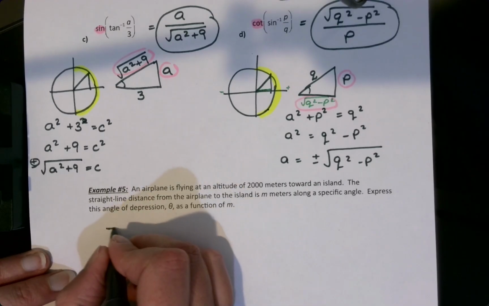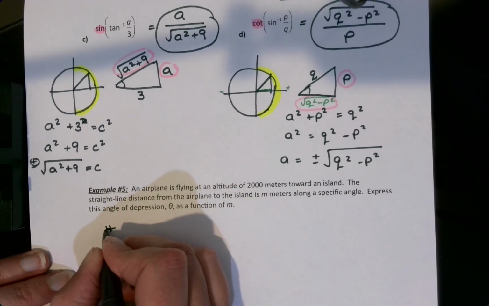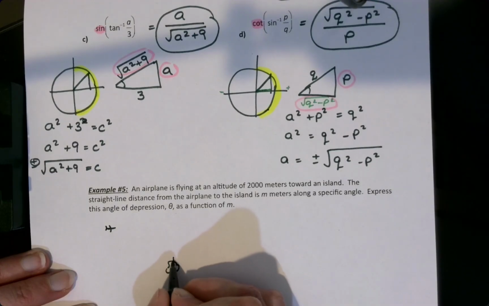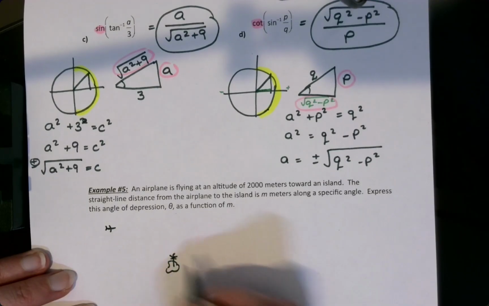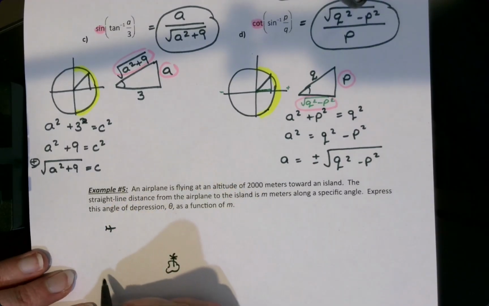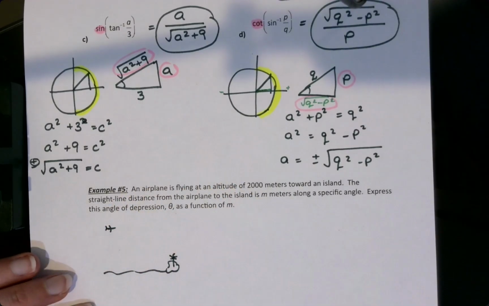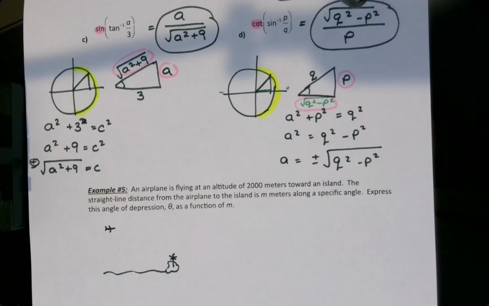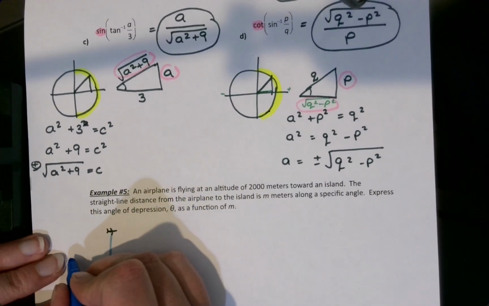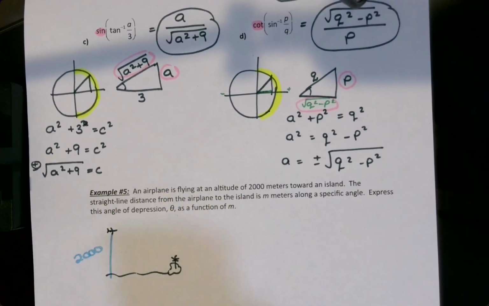So I've got an airplane and I've got an island. And the airplane is flying, this is my water, at an altitude of 2,000 meters. So the altitude is going to be its height, and that height is going to be 2,000 meters.